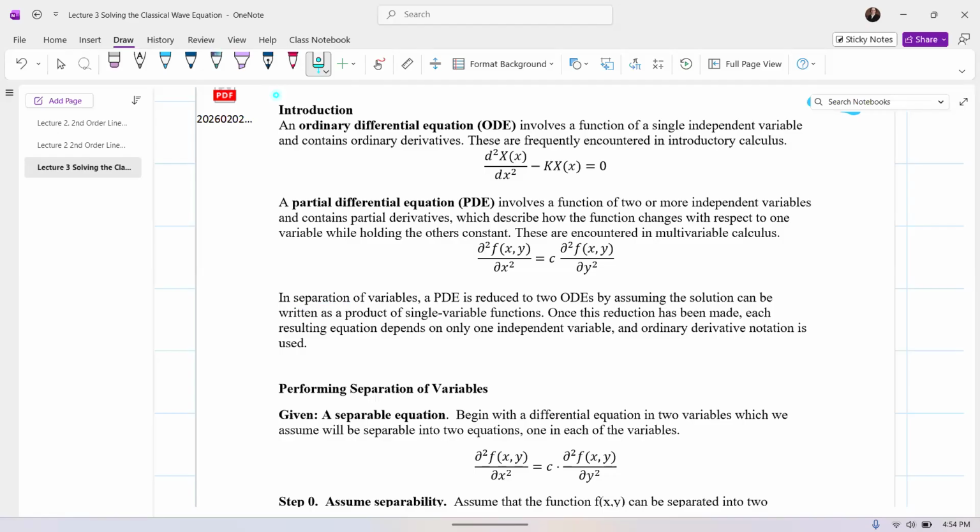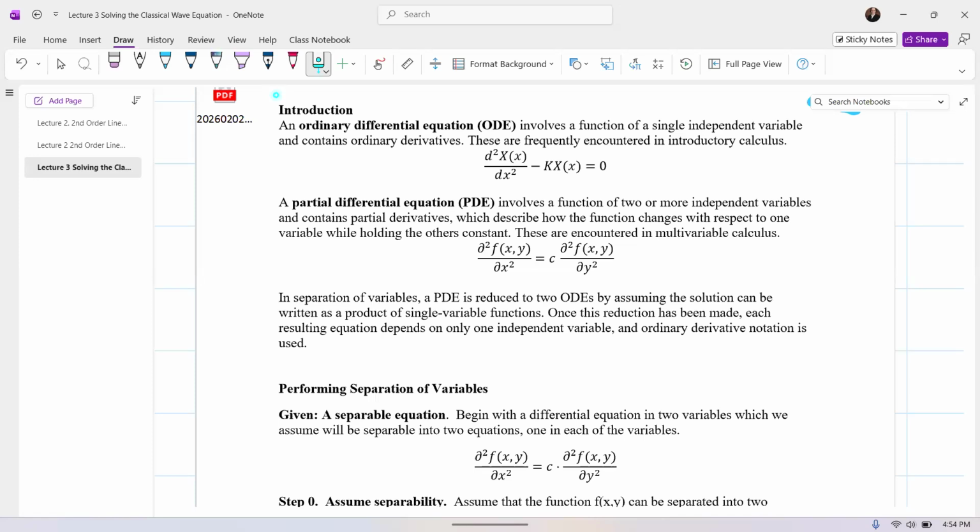When they're separable, it means that you can put all of the x's on one side of the equation and all the y's on the other side, or whatever your variables happen to be. So we'll have x and t in the actual equation, but the idea is that you need to be able to move them into two separate parts.